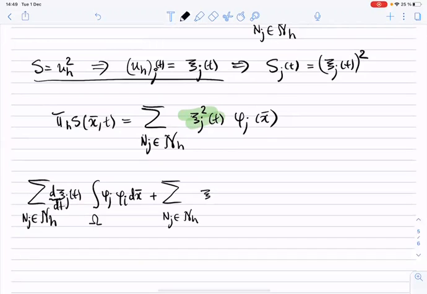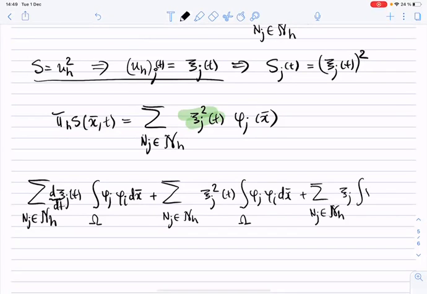It's going to be psi j square t, integral phi j phi i dx. And the third term is the sum over Nj from the set, psi j, integral.